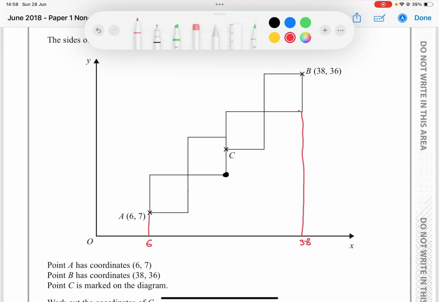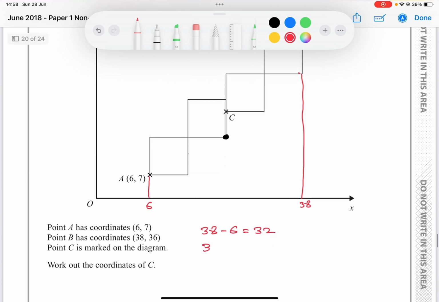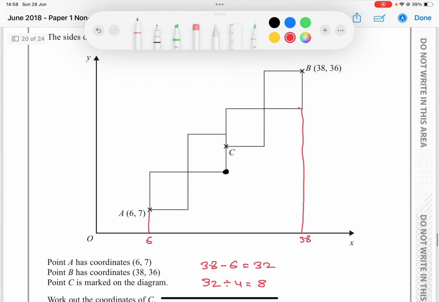So the total distance over here is 38 minus 6, which is what? 32. Now we do 32 divided by 4, which is 8. So each length is 8 units. So this is 8 and this is 8, that's all we need to know. We don't need to know the other two.